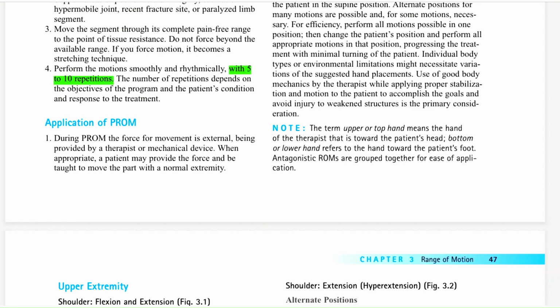The first thing that we're going to discuss is movement against gravity. When a patient moves a limb upwards against gravity, like shoulder flexion in sitting, assistance may be needed, especially if muscle strength is poor. This is a condition when the patient performs movement against gravity.